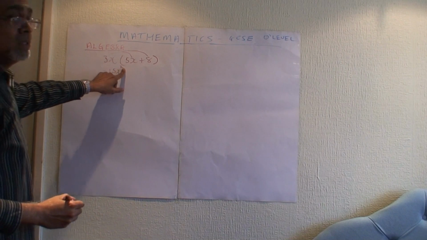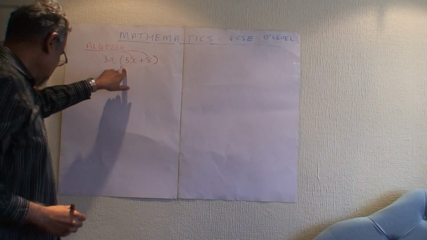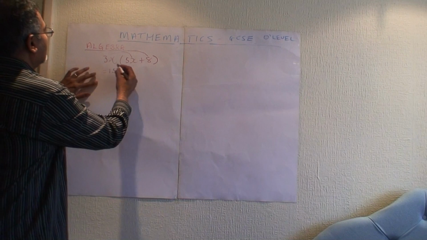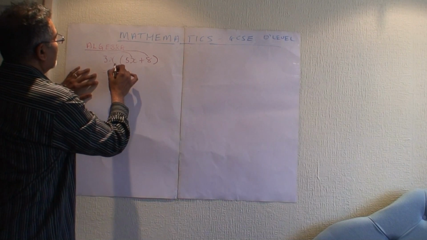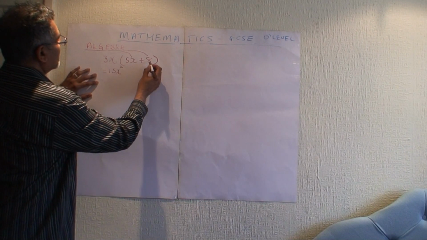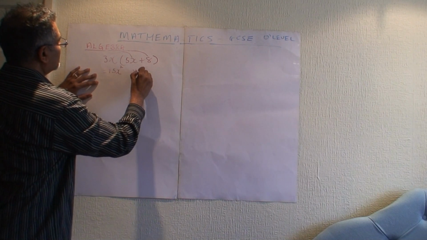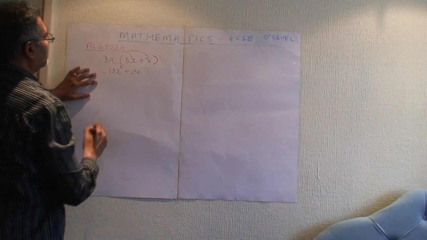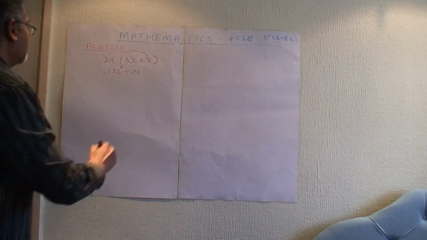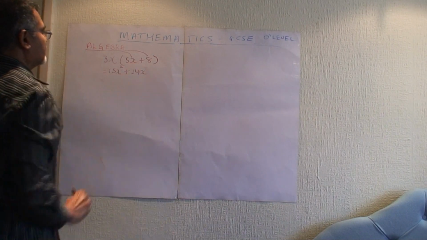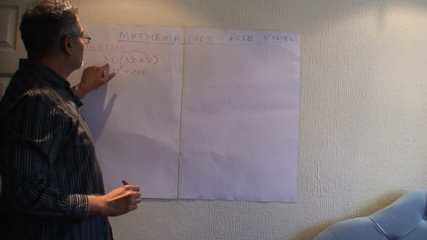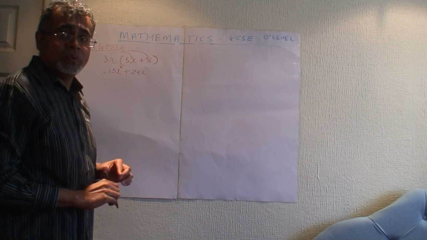Okay, very important, don't leave the squared out. Then 3x multiplies by 8, it is 24, but it's plus 24x. So 3x multiplied by 8 is 24x.